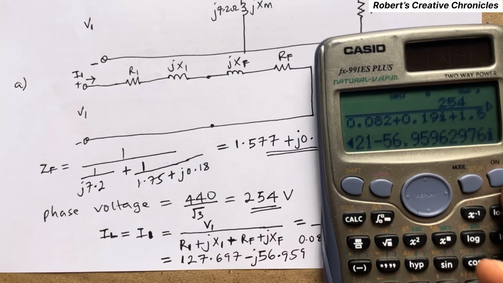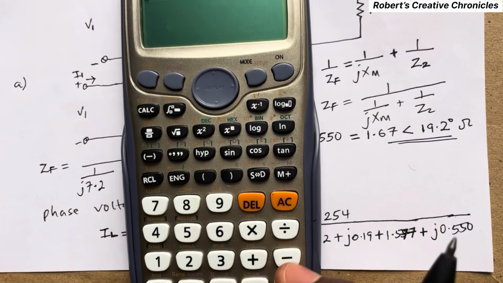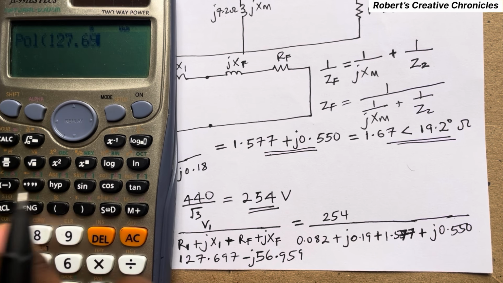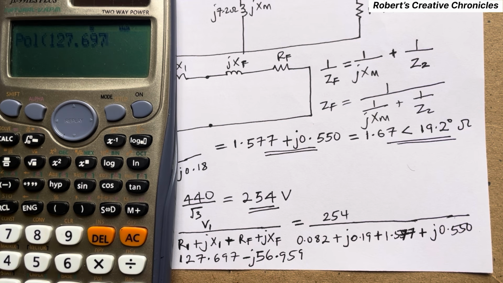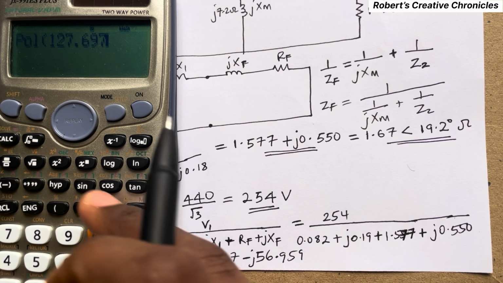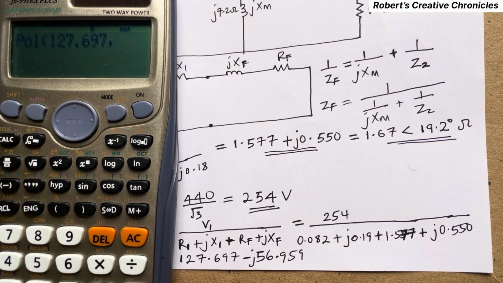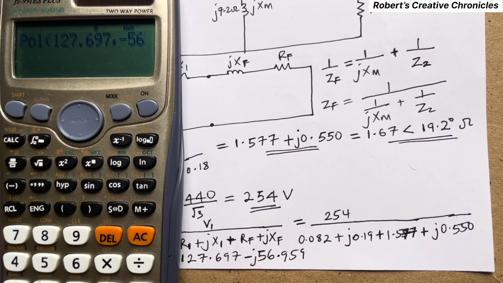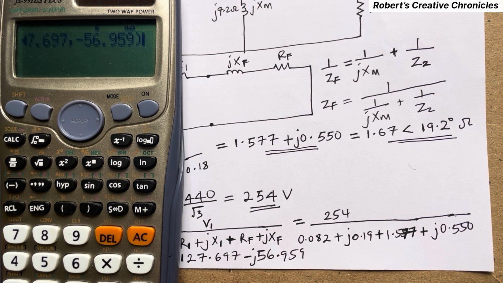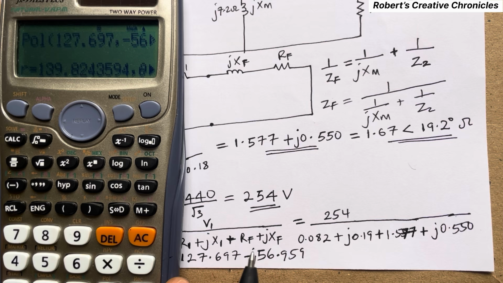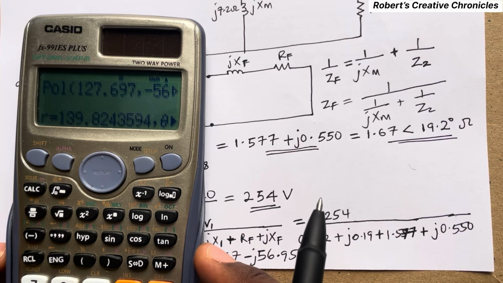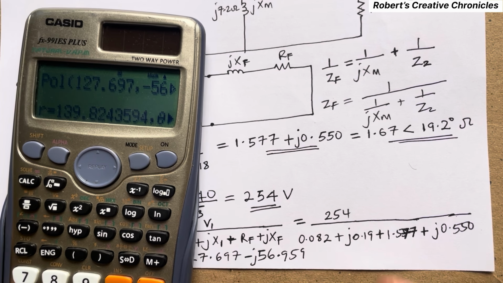So now shift, then 127.697, then shift and press the comma, then negative 56.959, then close bracket. This is 139.82, which is approximately 140.